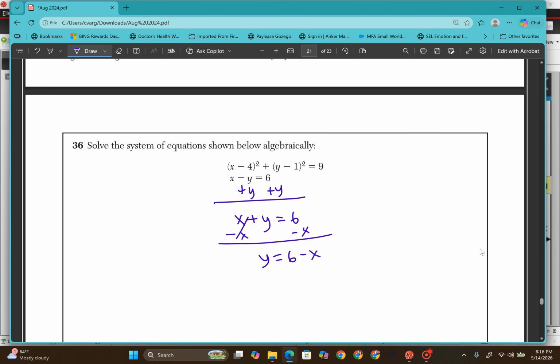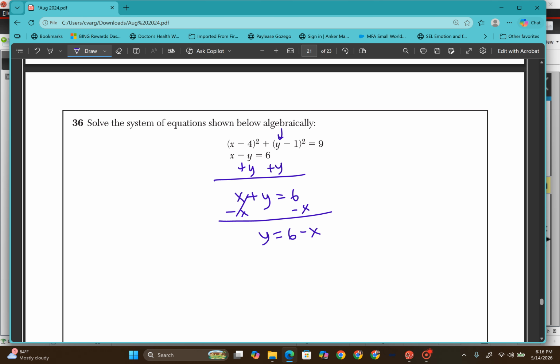And now wherever I see a y, I can plug in 6 minus x. So let me do that. So now I'm going to go over here, bring this down. I have x minus 4 squared plus, instead of y, I'm going to put 6 minus x. And then don't forget this minus 1.